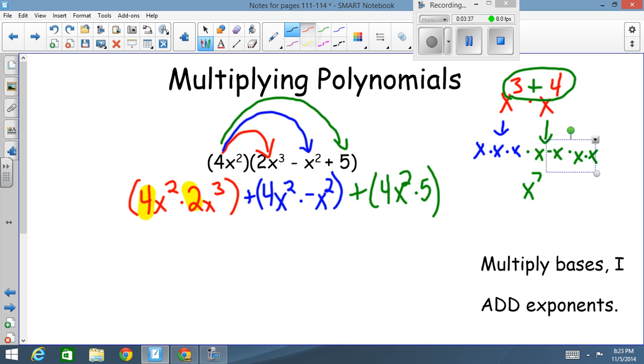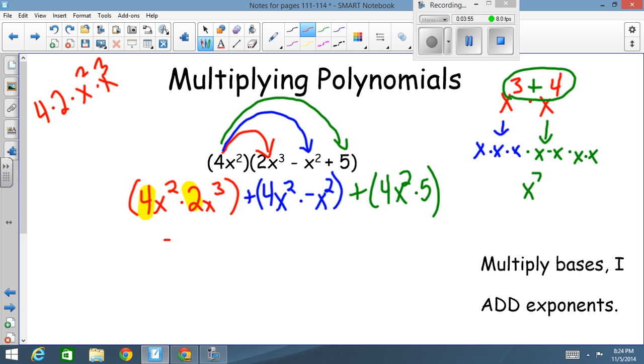Because as a side note, remember, when you're multiplying, you can multiply in any order you want. So for that red part, I could write that as 4 times 2 times x squared times x to the third. So I could even go a step further to break that down if I really wanted to.